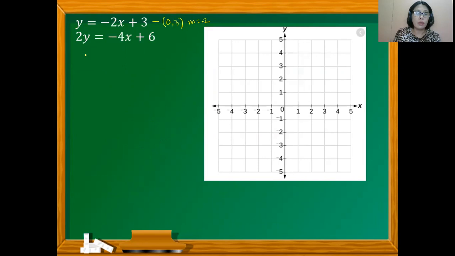And then we can simplify the second equation by dividing both sides by 2, and we'll come up with y equals negative 2x plus 3, which is exactly the same as the first equation. So that would mean that the two equations are equivalent.